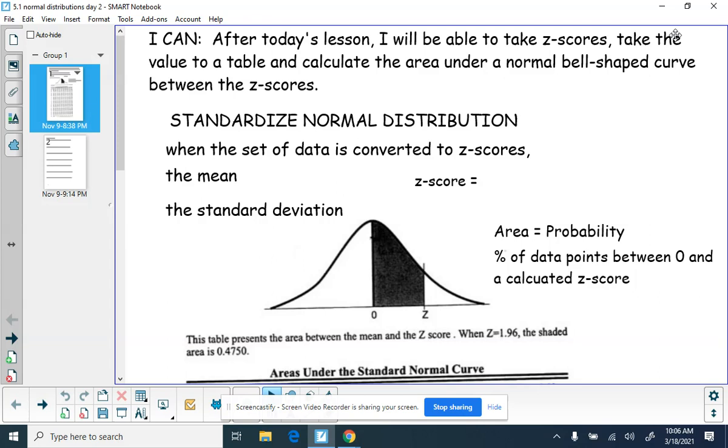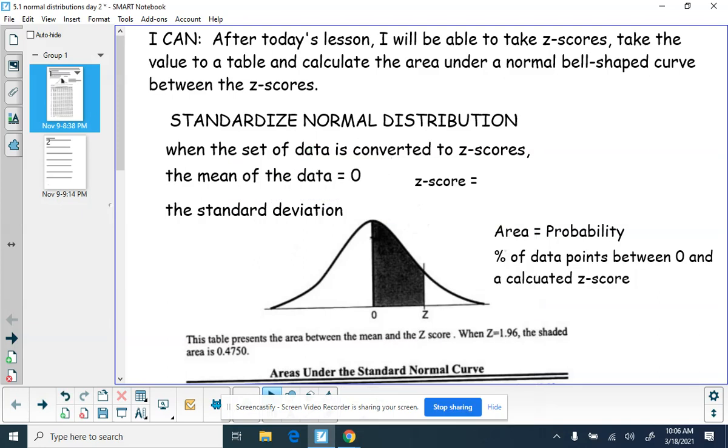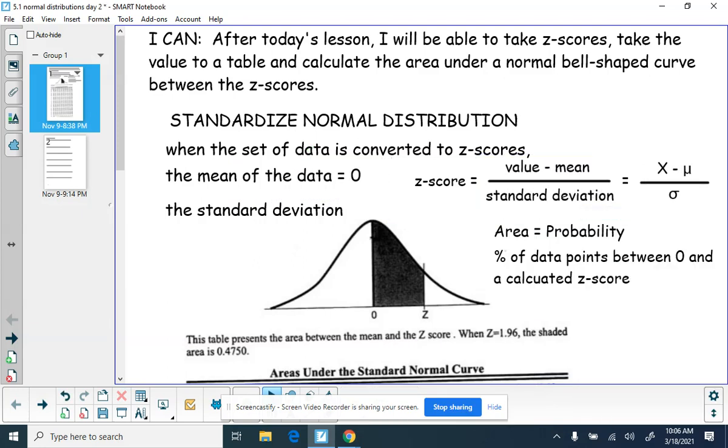Okay, so a standard normal distribution happens when we convert all of our scores, our data, into z-scores. When a set of data is converted into z-scores, the mean of that set of data is going to be a value of 0.